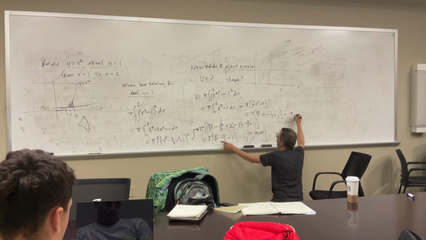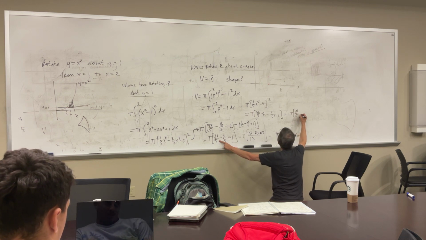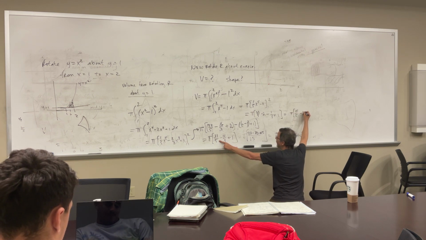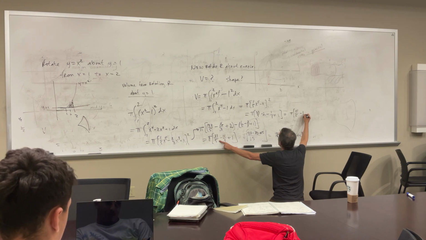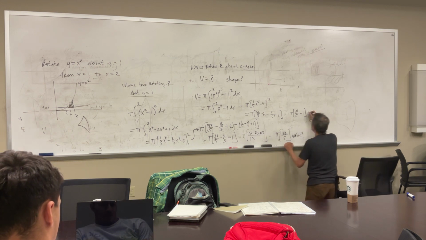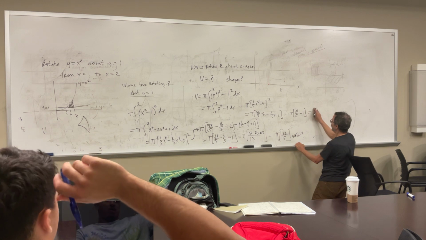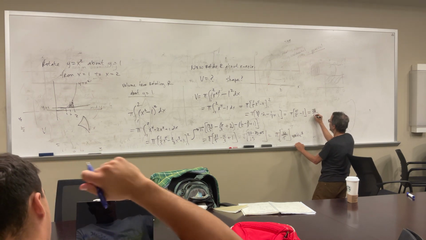Again, 31/5. Oh, that's cool. There's 31/5, and there's the minus 1. Did I get that right? Yeah, it's a little different for sure. So then that is 26/5 pi.